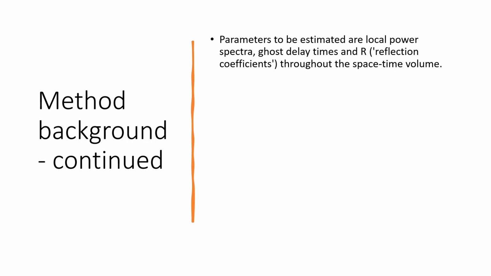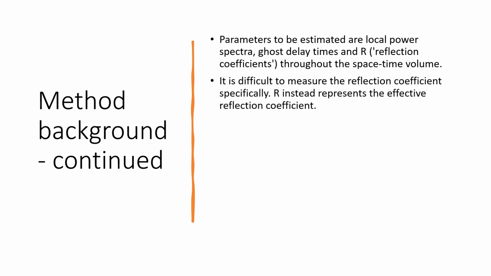Continuing on, the parameters that we're trying to estimate are the local power spectra, so at each point in each trace we try to work out what the power spectra are, the ghost delay times, and R, which I've put in quotes as reflection coefficients, and I'll explain what I mean in a moment. That's throughout the space-time volume.